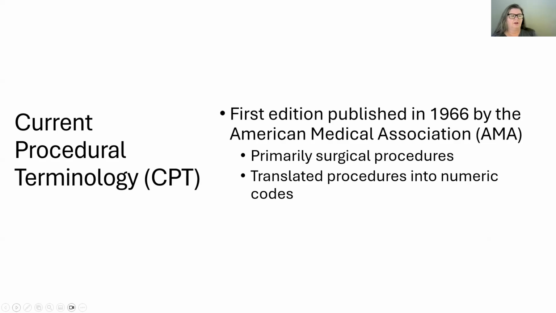Back then it was primarily just surgical procedures, which is where people's minds go when you hear procedural coding, and they translated these procedures into numeric codes. That's basically the idea behind all of this: taking a procedure, a treatment, whatever it was that we did for the patient, and turning it into a code so that it can then be billed out.